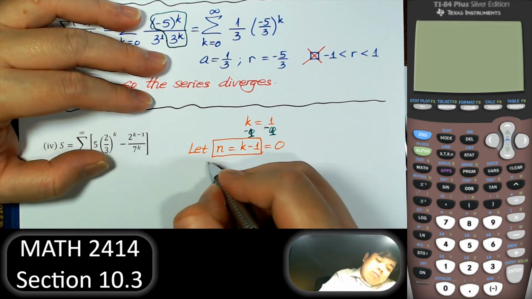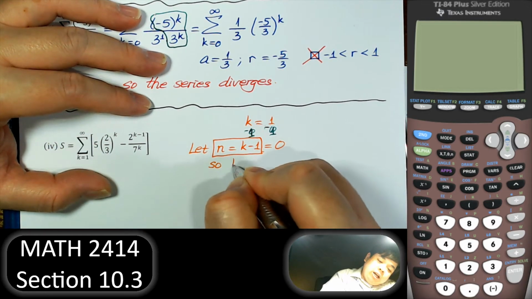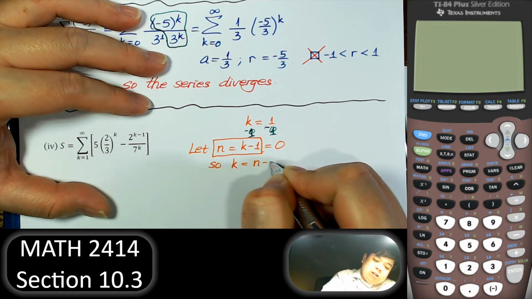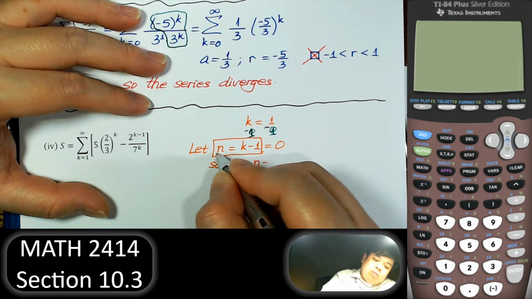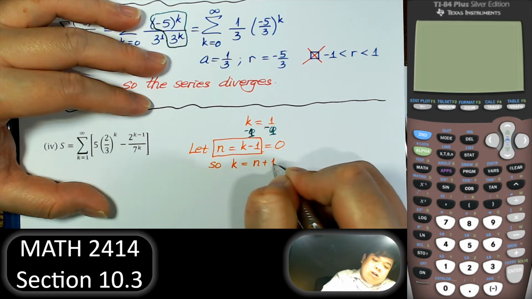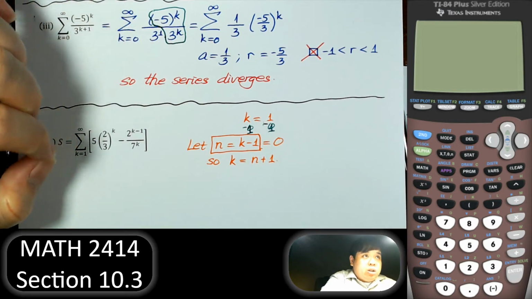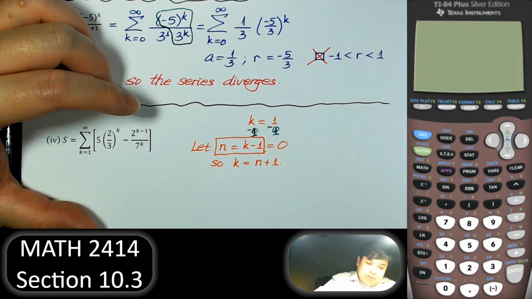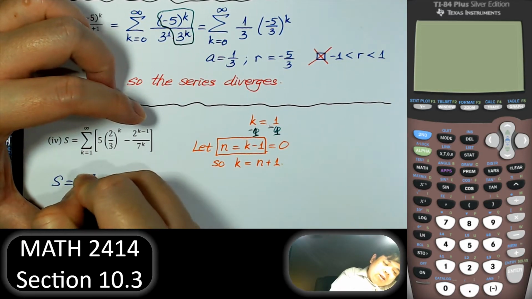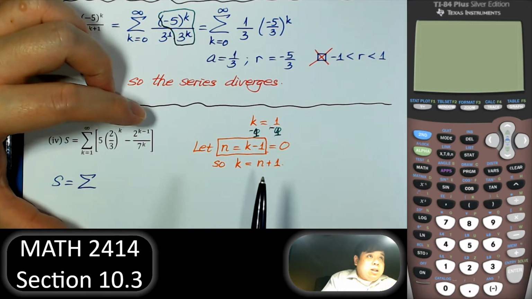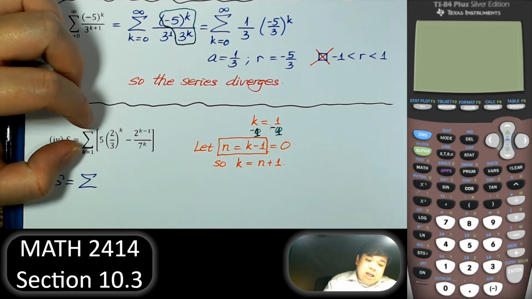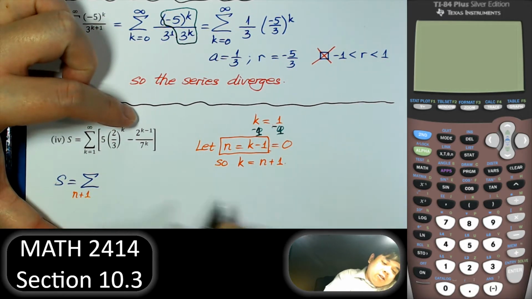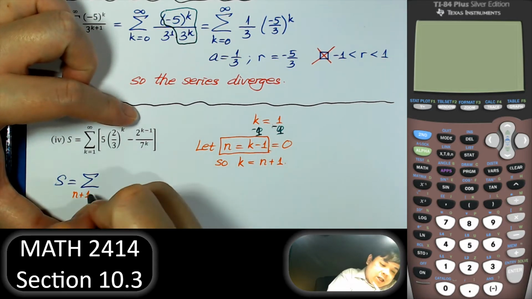Now, if n equals k minus 1, and we want to solve for k, k equals n plus 1, adding 1 on both sides. So if we substitute n plus 1 in here for all of the k's, let's see what we get. So the summation, k equal to n plus 1. So I'm going to substitute n plus 1 into k.